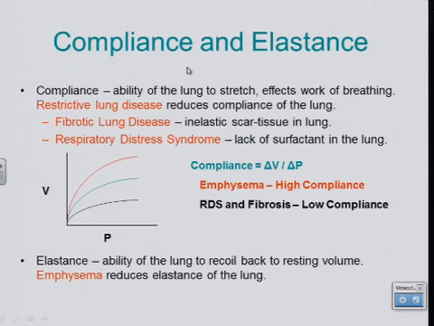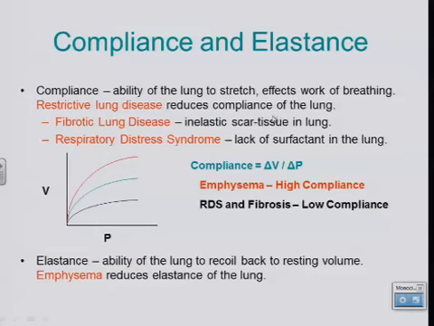We talked a lot about compliance and elastance. Compliance is the ability of the lung to stretch. This affects the work of breathing. We talked about that in a lot of detail when we talked about various diseases, one being restrictive lung disease. Restrictive lung disease reduces compliance of the lung.